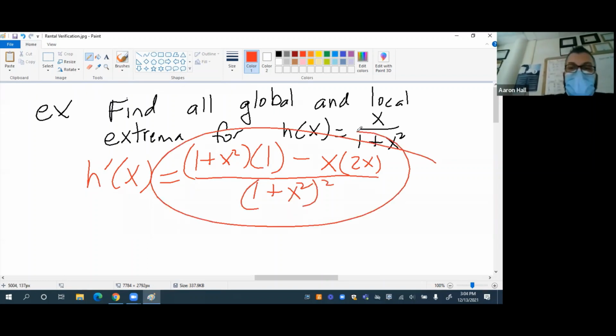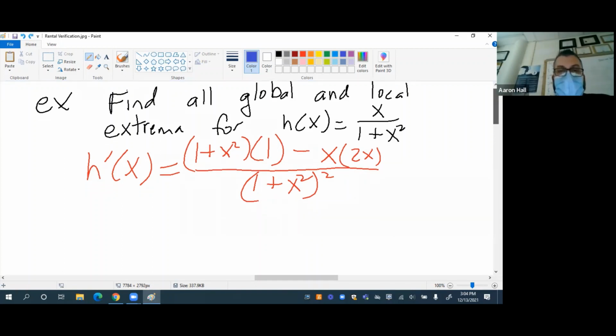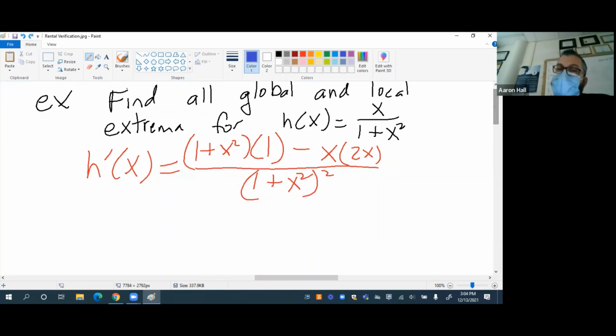Sasha, does that look right to you? Yes. Okay, now what do we do now? How do I find an extrema? Yeah, let's make this equal to 0.